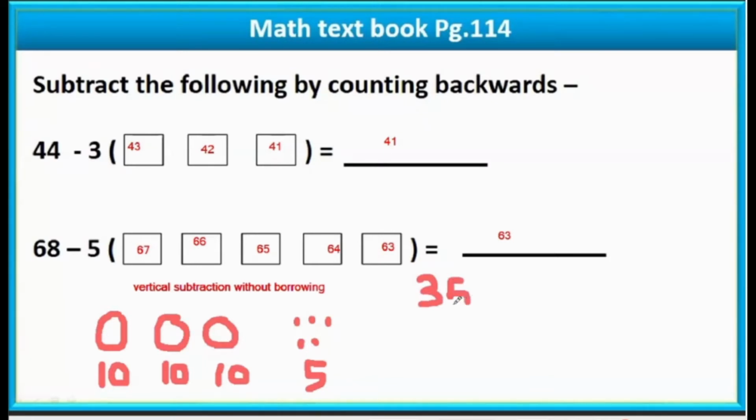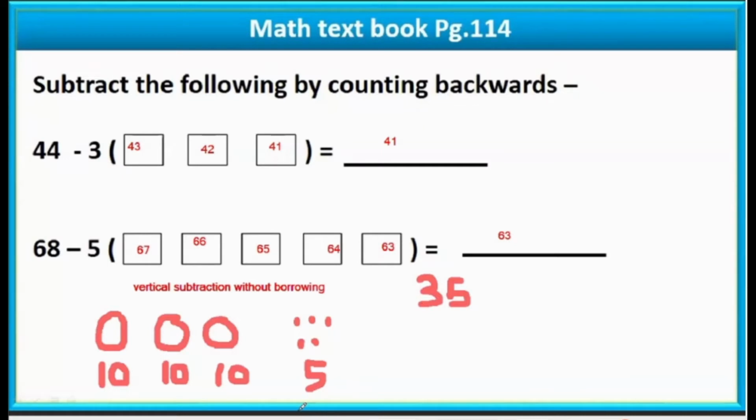Okay, so from these 35 beads, she gives one of the necklaces and 2 loose beads to her sister. She's having 3 sets of necklaces and 5 loose beads. From that, she's taking away 1 set of necklace and 2 beads. So what will be the answer for that?